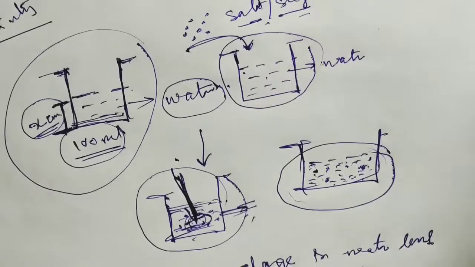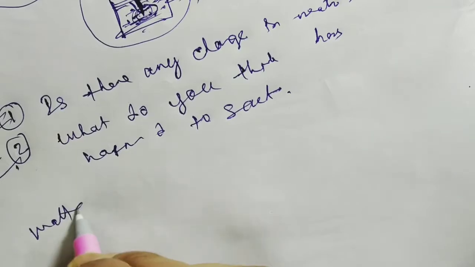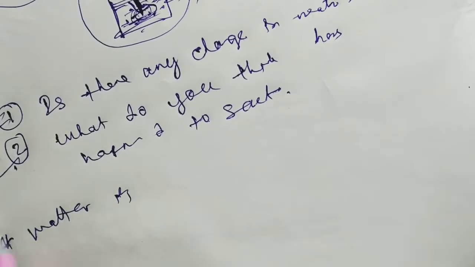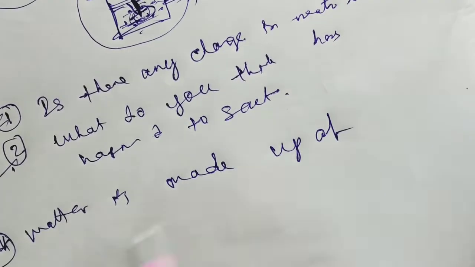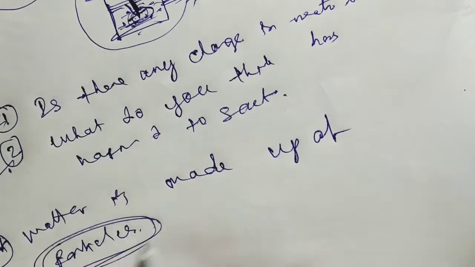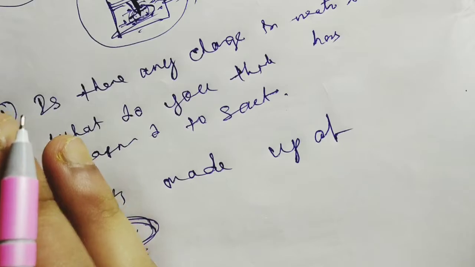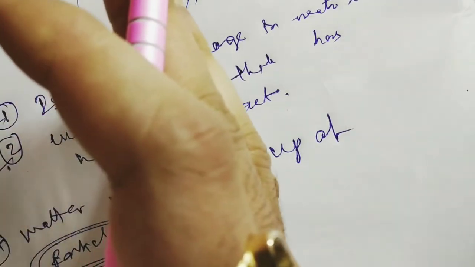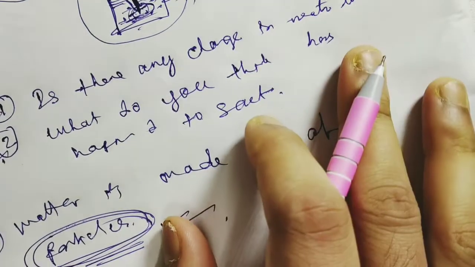Matter is made up of particles, and matter occupies space between the particles, and it also has volume and mass. This we have observed.